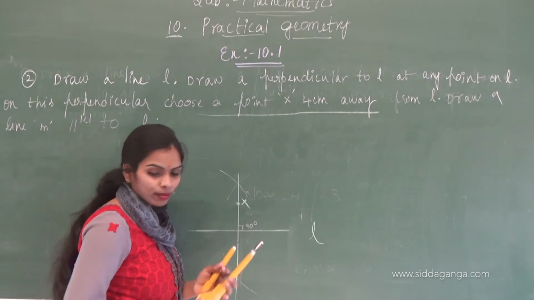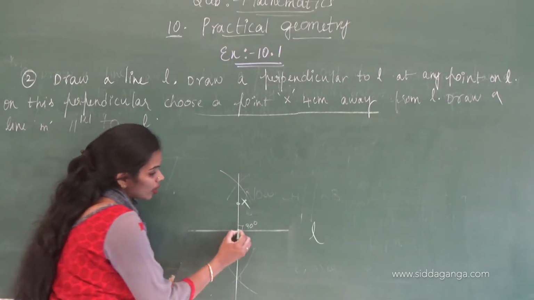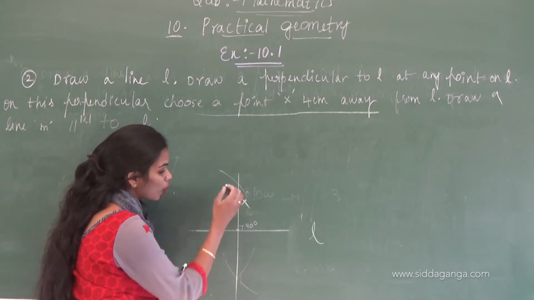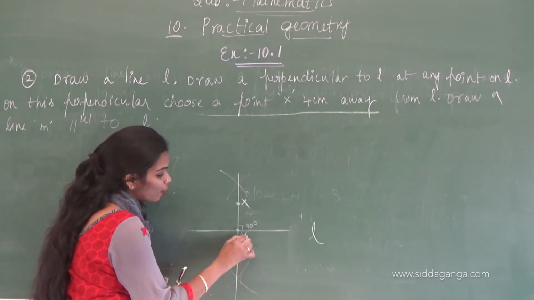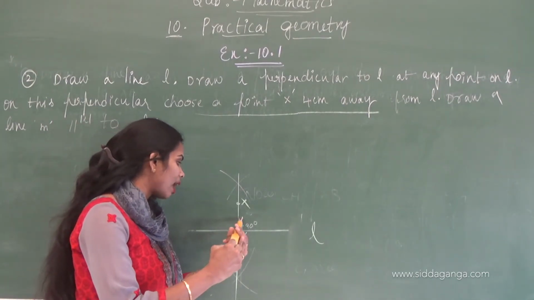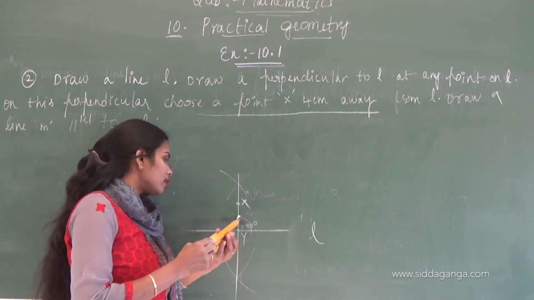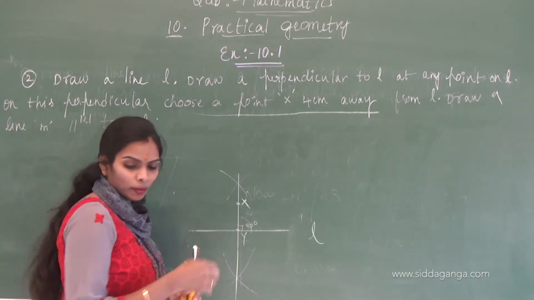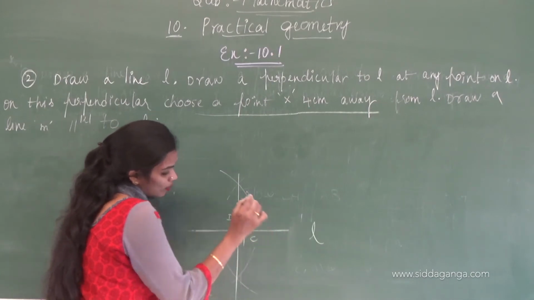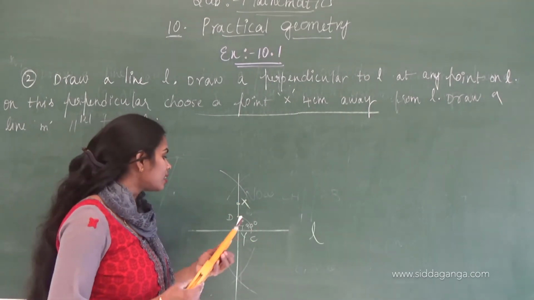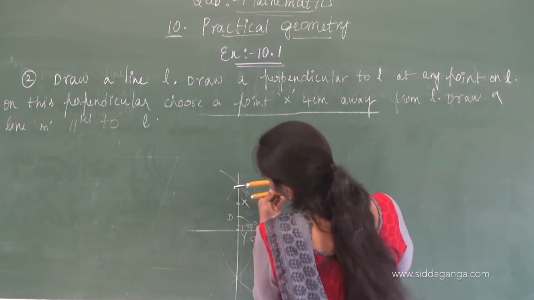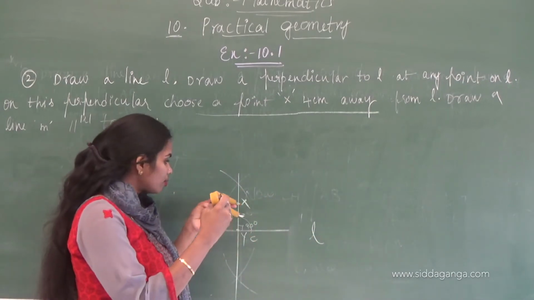We have to consider one point here, okay. This will be the point Y. Taking a small radius, we have to draw an arc which will cut these two. Name it as DC. And with the same opening from here, we have to draw an arc EF.